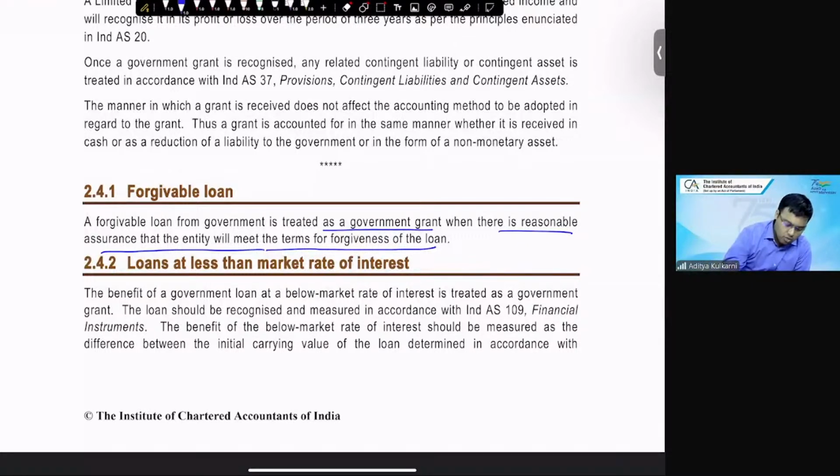Okay. So loans at less than the market rate of interest. See, government, you are setting up a unit, let us assume, in a backward area. You need financing for that. You go to the government and tell, look, you want me to set up a unit in the backward areas of, let us assume, Chhattisgarh, which is a Naxalite belt. You want to give some economic development there.